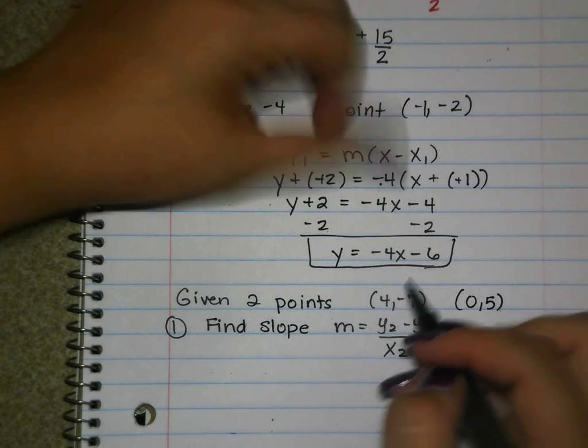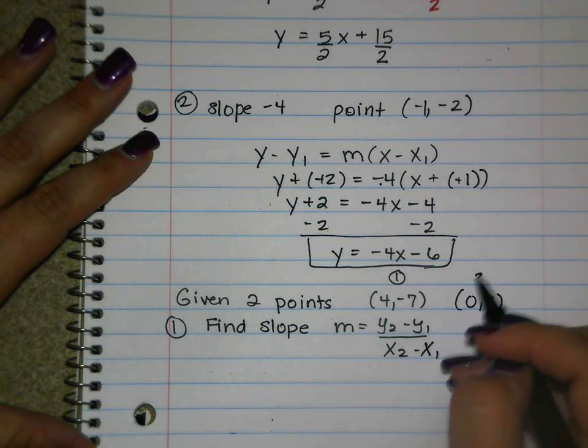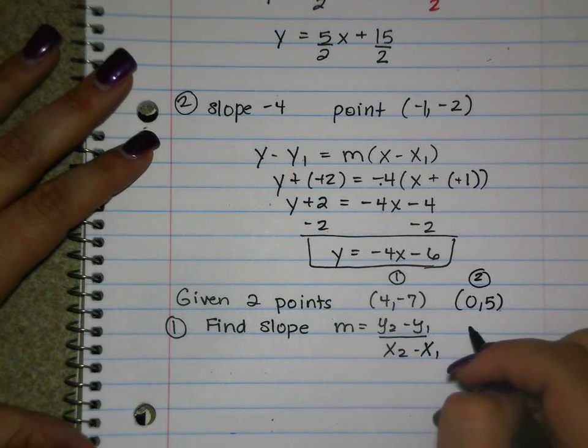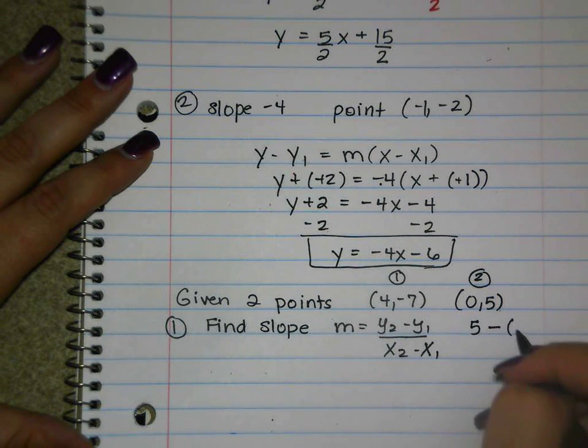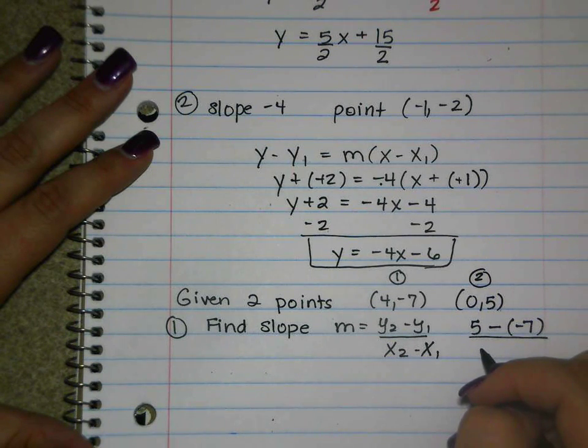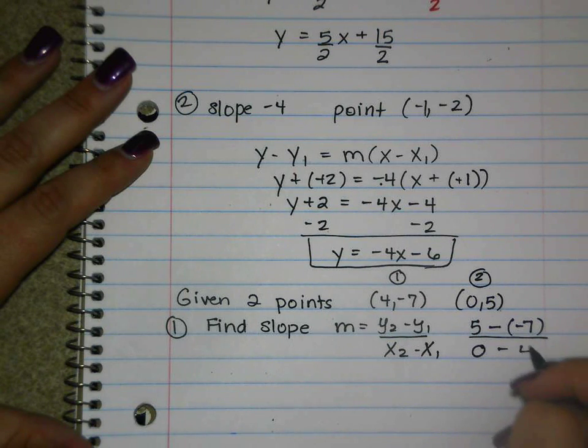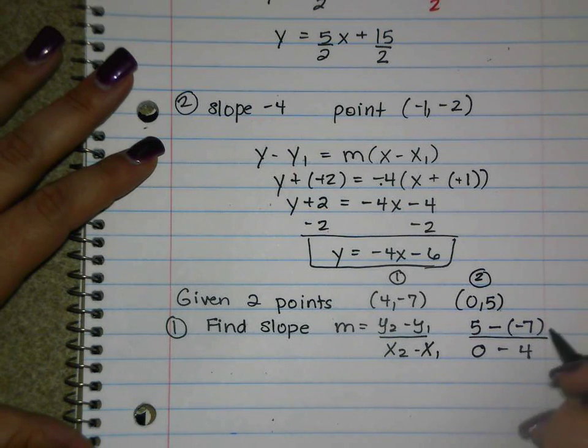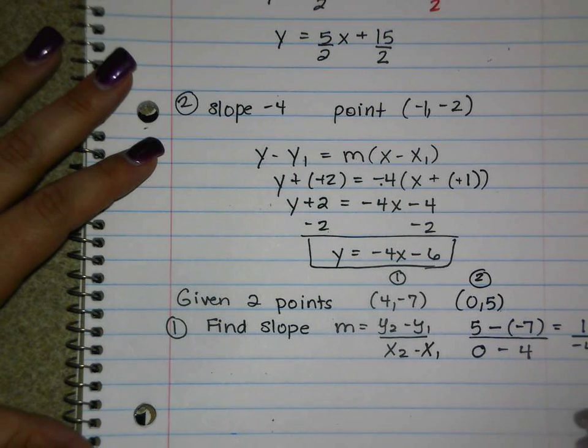So in this case, we're going to use these as the 1s and these as the 2 coordinates. That's going to give us 5 minus -7 over 0 minus 4, which is going to give us 12 over -4, which then reduces to -3.